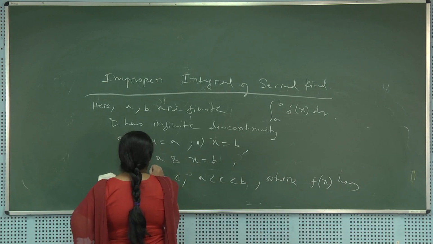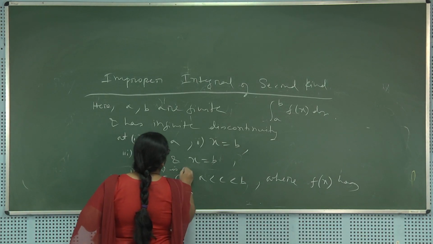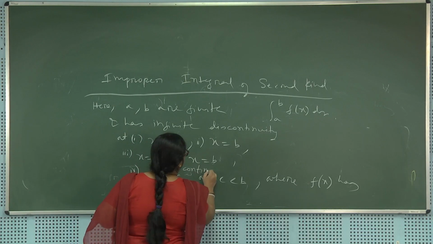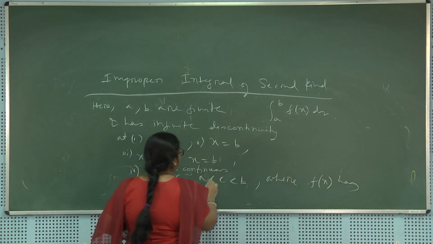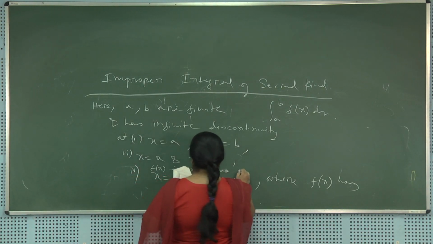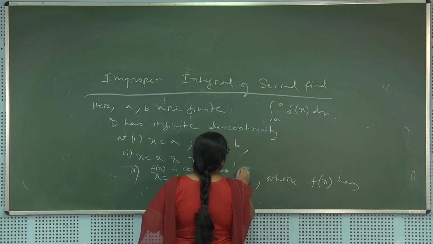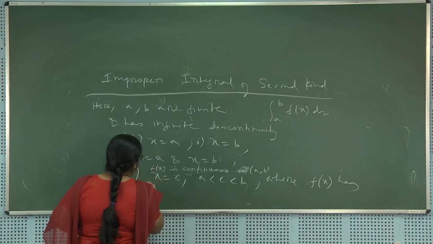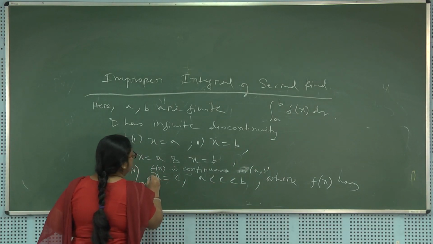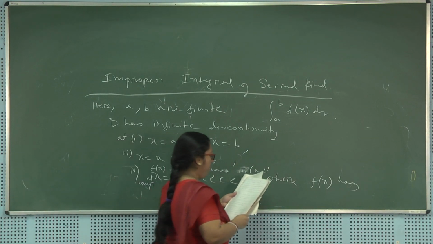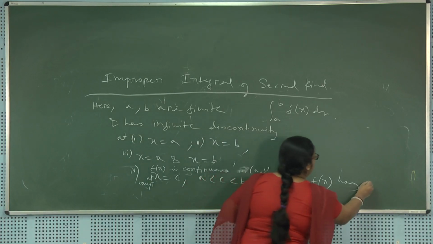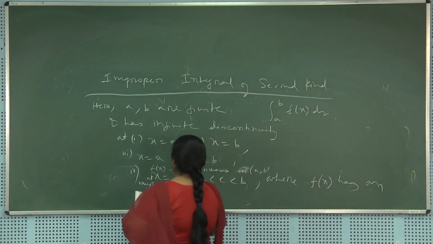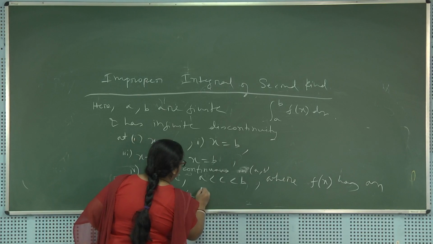So, here f(x) is continuous in the interval [a, b] except at x equal to c, where c is the interior point, where function has an infinite discontinuity.